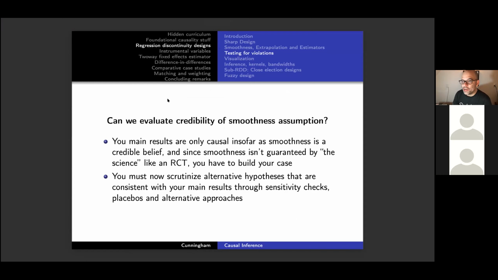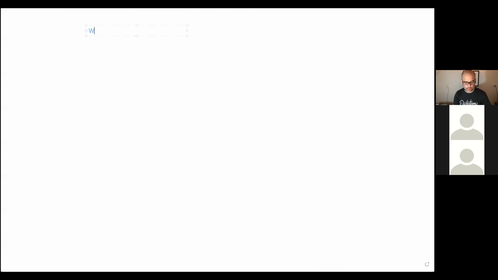Let me say one thing real quick. What is normally done in an applied paper where people are running regressions on RDD, since the functional form specification is so critical?